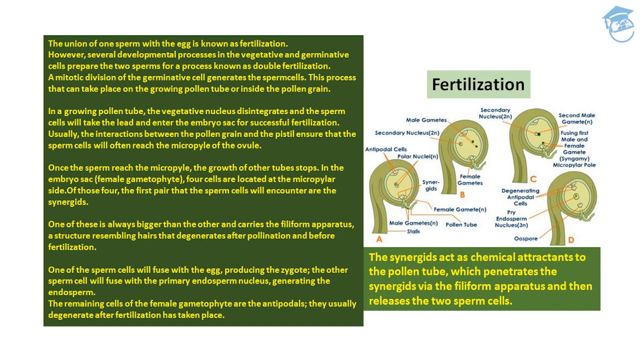And please note, students, that the synergids, two in number, act as chemical attractants to the pollen tube, which penetrates the synergids via the filiform apparatus, and then it releases the two sperm cells. I hope it is now clear to you how fertilization takes place in angiosperms.